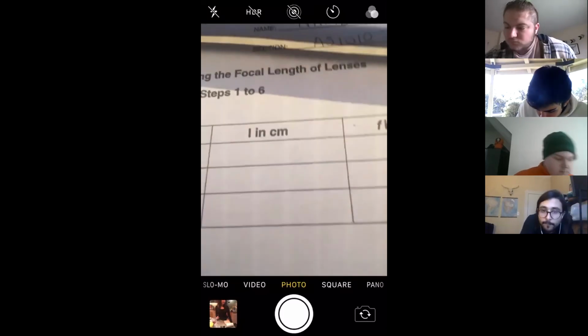Now time for our image, okay? We know this one's at 51.6. I'm having issues with lighting here. Maybe you guys can read that.